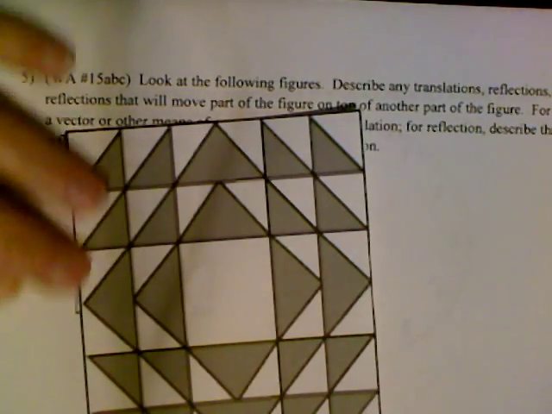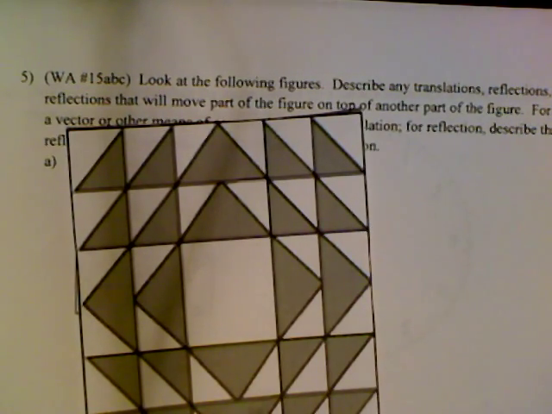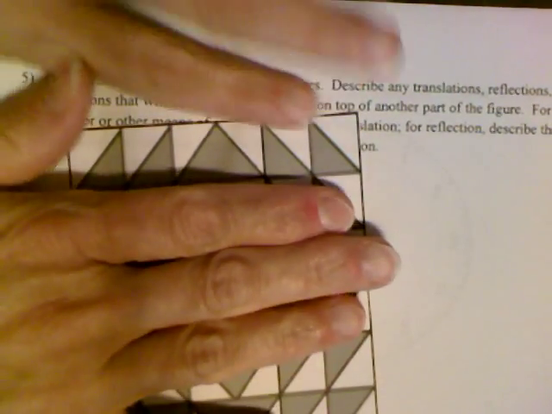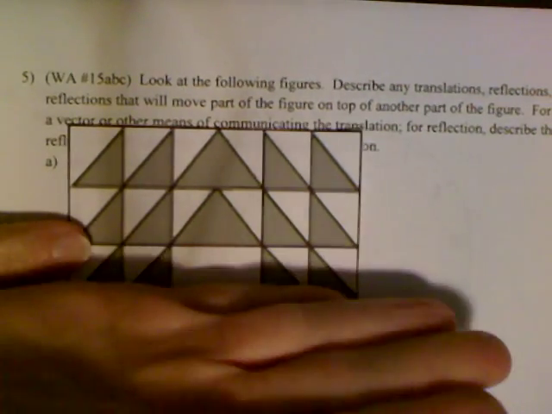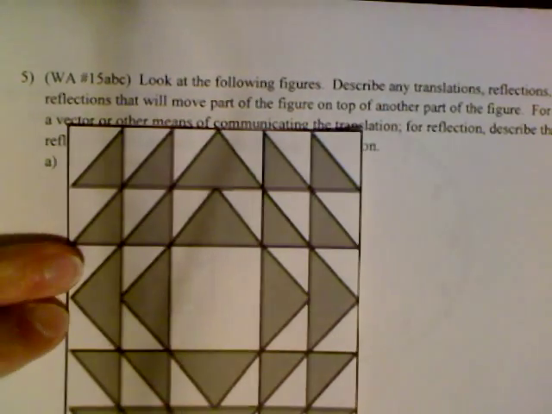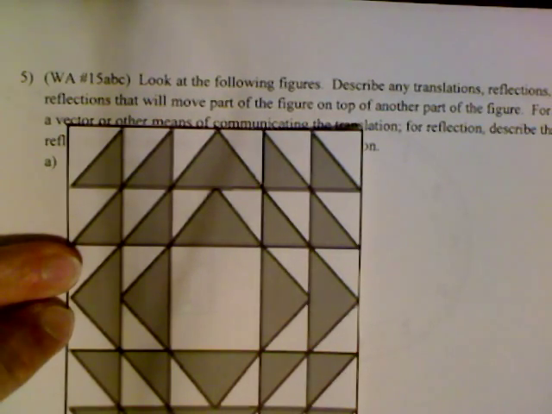What about the next figure? The next one on our sheet is this one. Okay. The top row can be translated to the second row. So this top row becomes this row. It becomes a reflection about the line across the middle here.